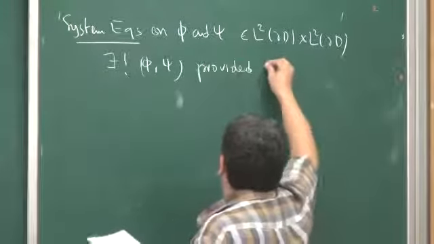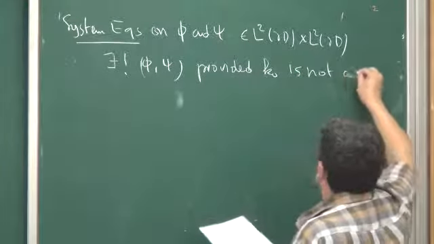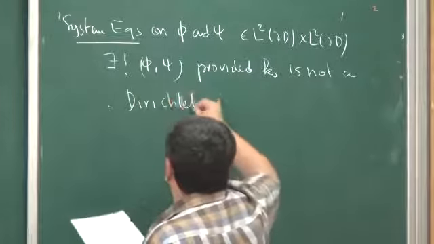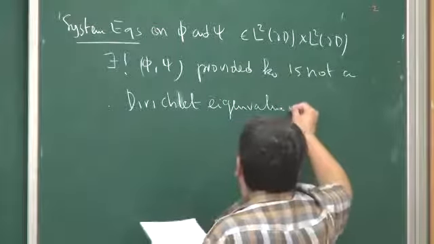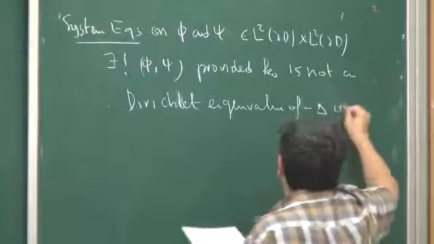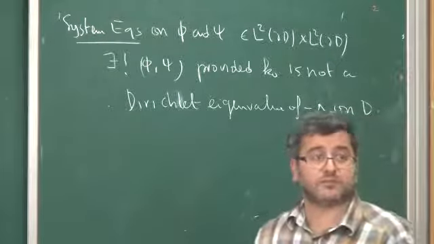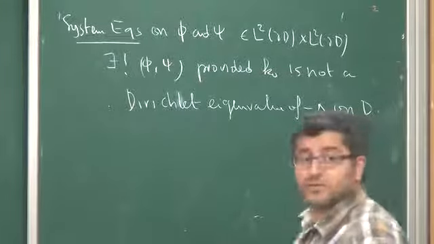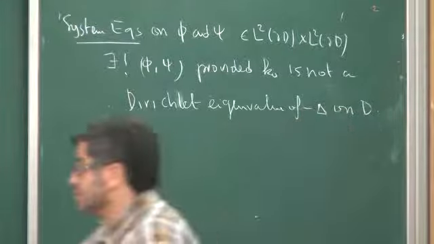we make some assumption: k0 squared is not an eigenvalue of minus Laplacian on D. If k0 squared is not an eigenvalue of minus Laplacian with Dirichlet boundary condition on D, then there is a unique solution to this system.